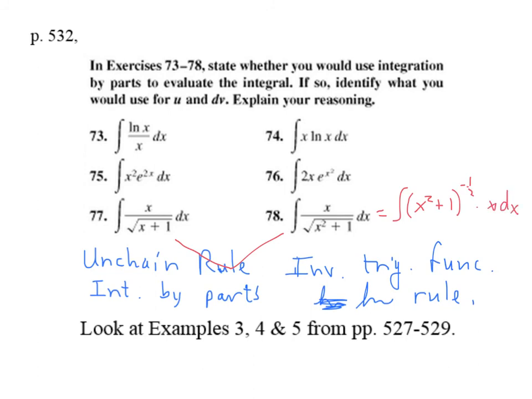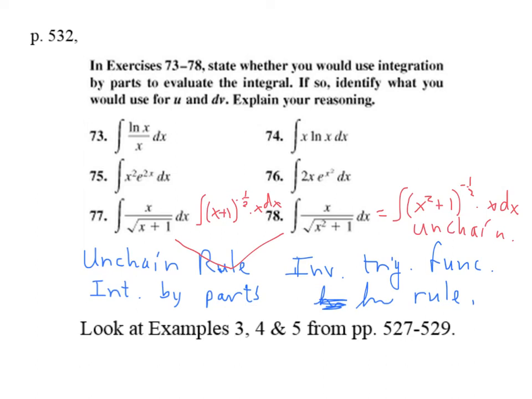Whereas over here, we would have the integral of just x plus 1 to the negative 1/2 times the x dx. So yeah, 78, we could go with unchained rule, right? But we can't do that with number 77. So we might need to come back and think about that one.